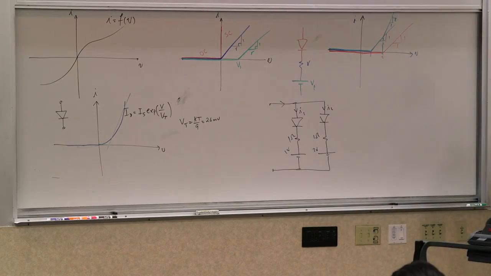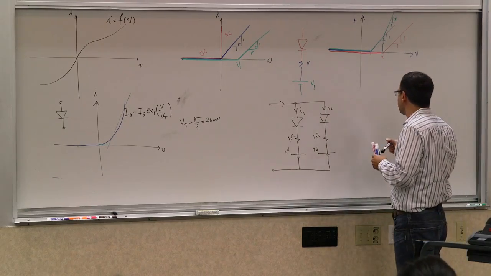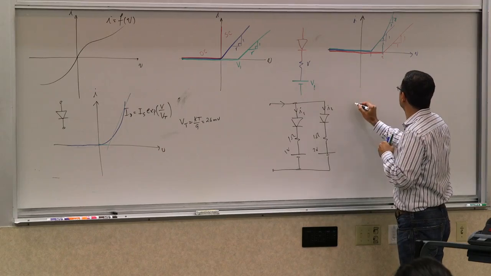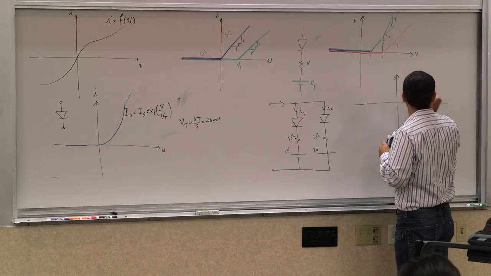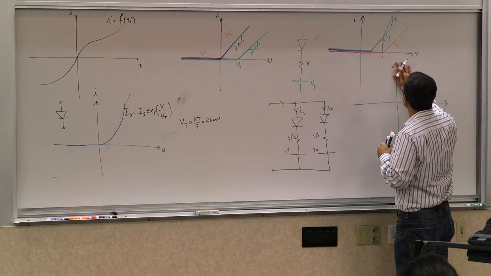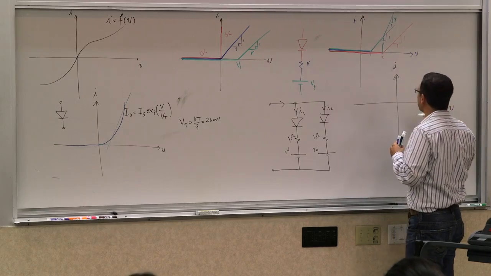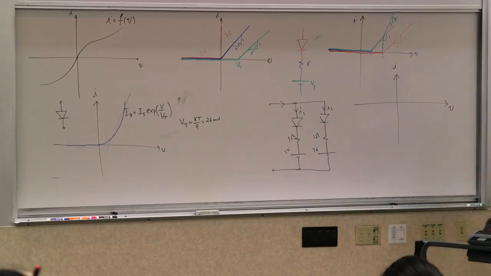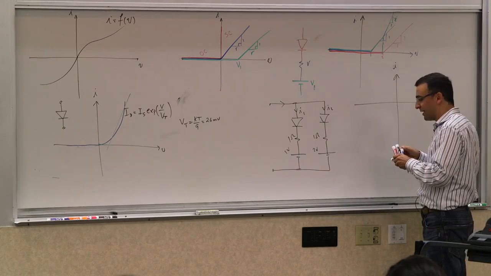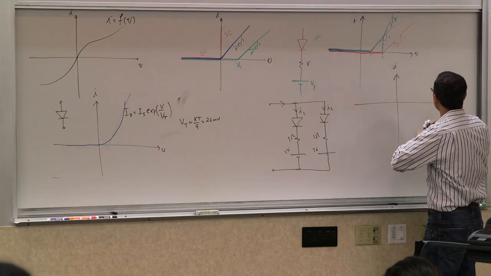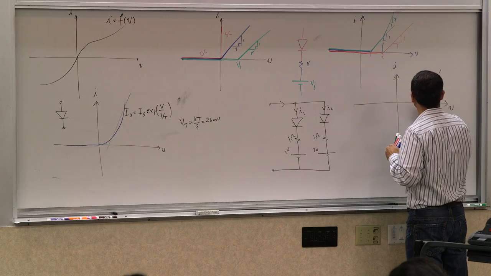So I could make a more sophisticated response out of these. What if I wanted to make something a little bit different? So this is now becoming a design problem, and I will give you some design problems. Say I'm trying to construct something that does this.